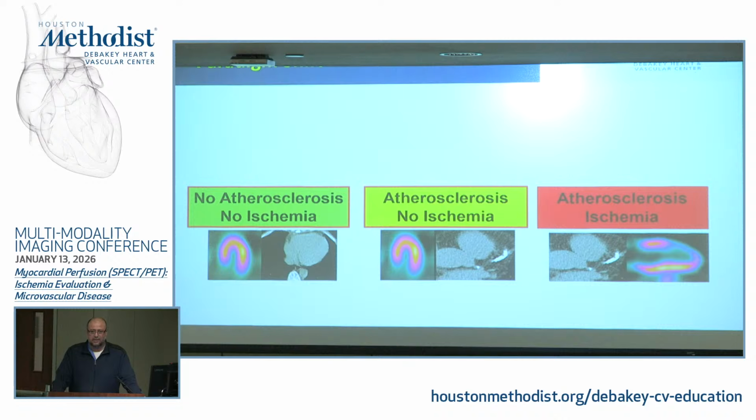So I think this is very important as you go into practice, to incorporate the atherosclerosis information in addition to the functional imaging, because that has implications for therapeutics and also for the outcomes of these patients, and sometimes the diagnostic accuracy of the test.